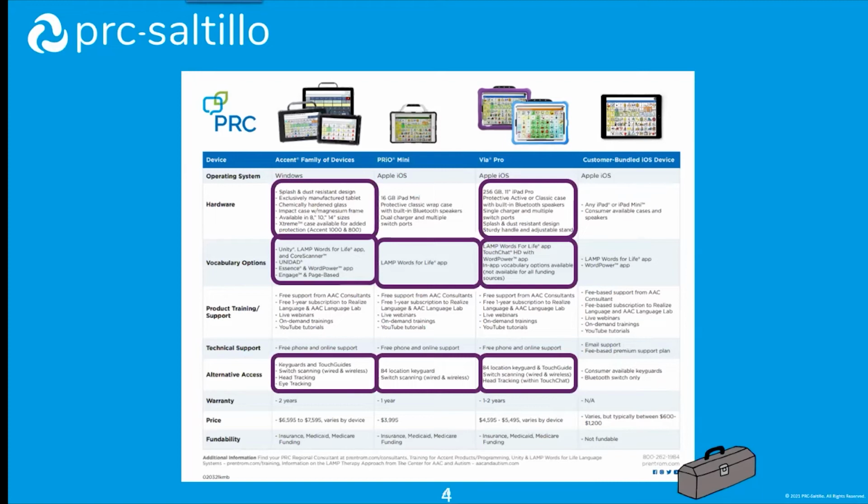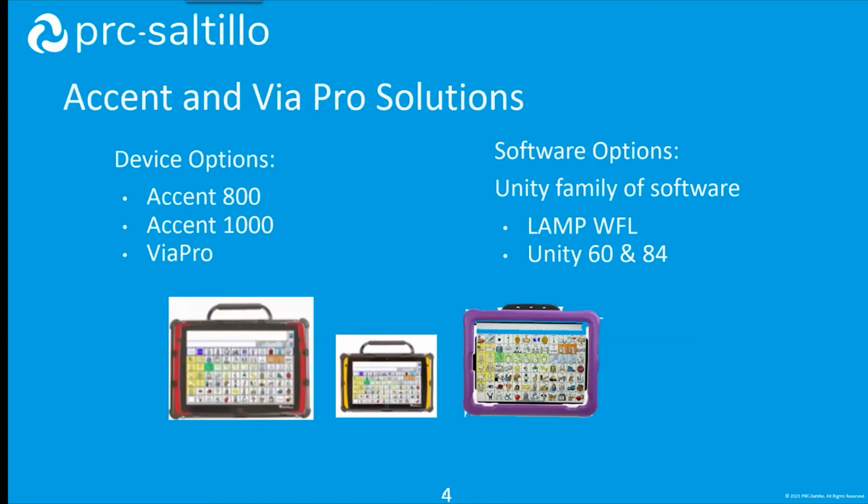Now we can focus a little bit more on just the Accent. Because we were considering an 8-inch or a 10-inch size device, we're going to look at the Accent 800, the Accent 1000, and then the VIA Pro is slightly bigger than that 10-inch size. It's 11 inches, so we can still look at it. Weight-wise, they're pretty similar, so that might not be as big a deal.